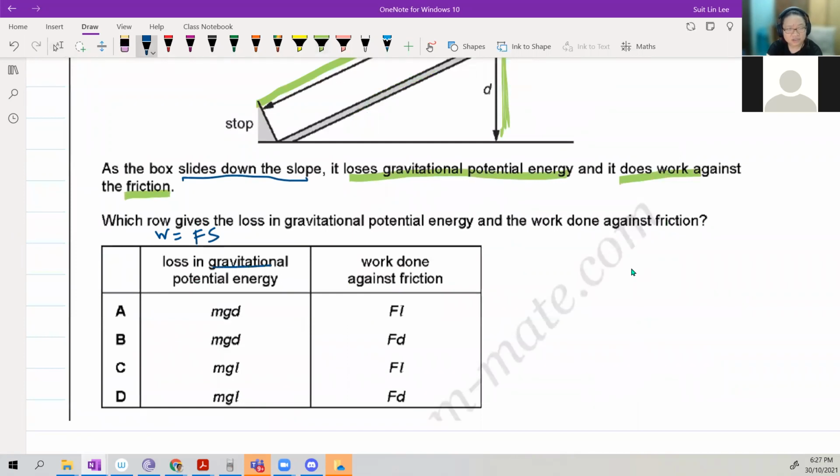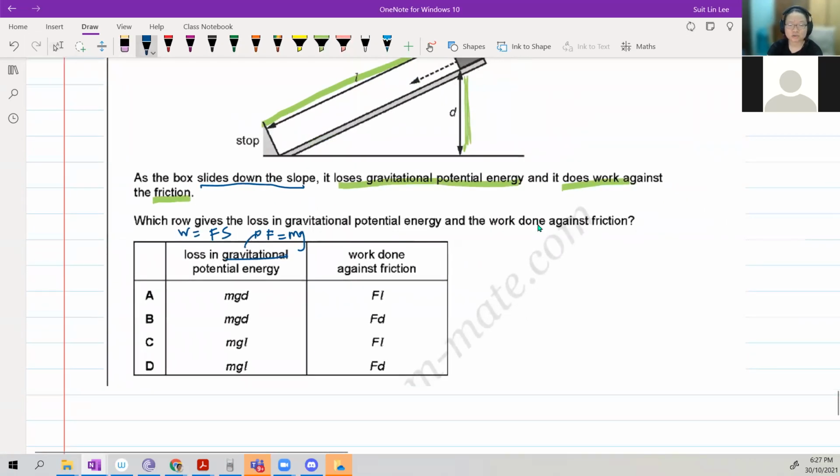So when you see gravity, you can directly know that your force is the force of gravity, mg. Okay, let me zoom out. So for gravity, work done is equal to Fs. But because it's gravity, this one must be mg. In fact, you see everything is mg.